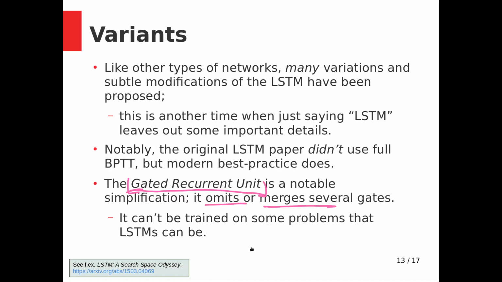However, it has later been pointed out that many of these simplified networks do not outperform the LSTM and sometimes underperform it, right? It turns out that when you start removing some of these gates, these networks lose the ability to learn on certain problems, okay? And again, we're talking about training power here, right?